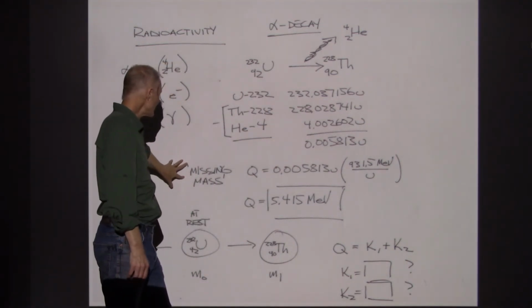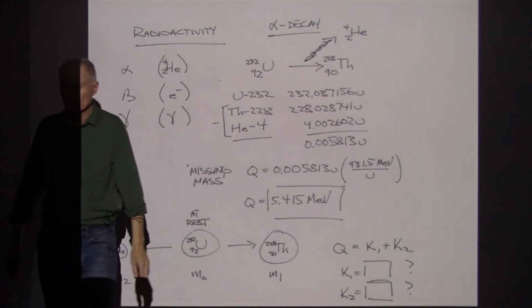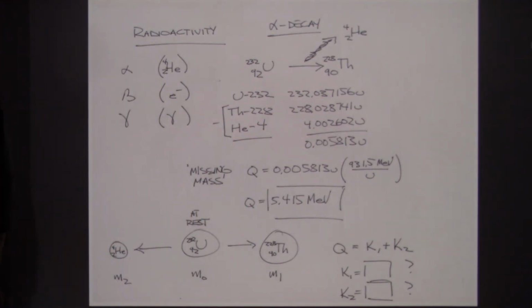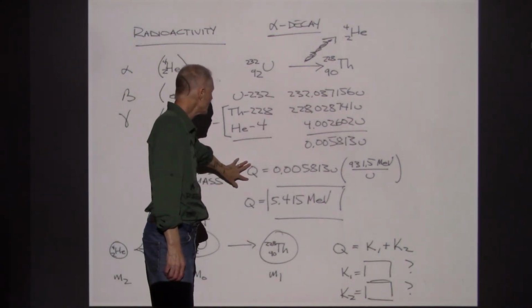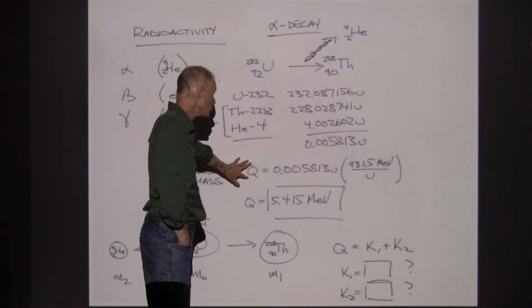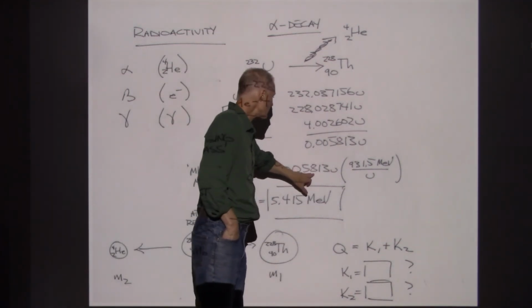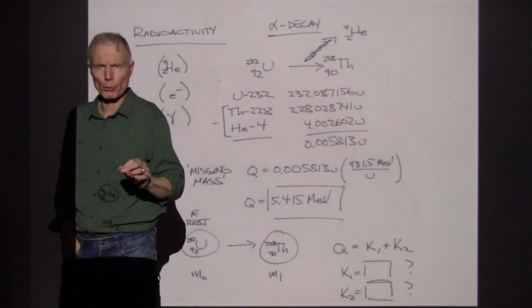Now, this missing mass in the radioactive decay gets the symbol Q. We can say that the total energy released in the decay is Q, and I can take that missing mass and once again use my 931.5 conversion.